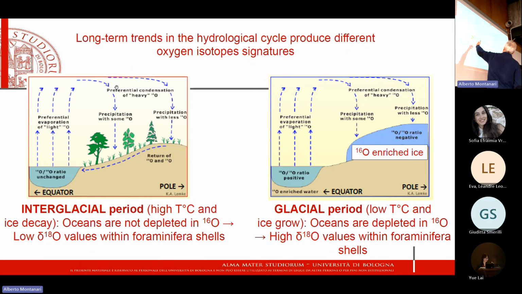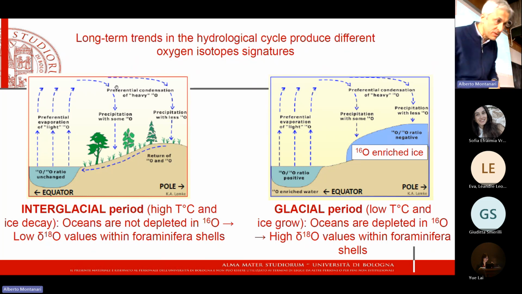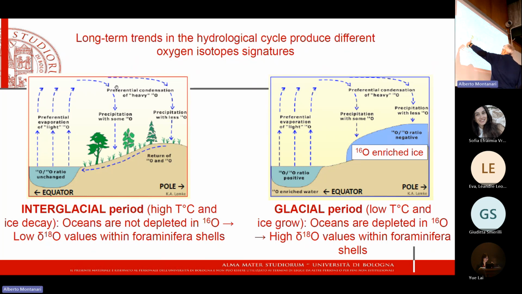So basically, we have now to read these numbers, I want to make sure that I don't make mistakes. So you have more evaporation of O16, and you have precipitation with less O16. But basically, if nothing is trapped into ice, everything goes back to the ocean.